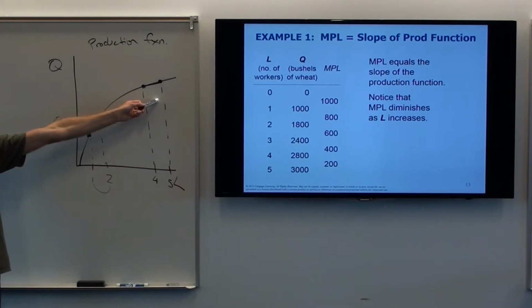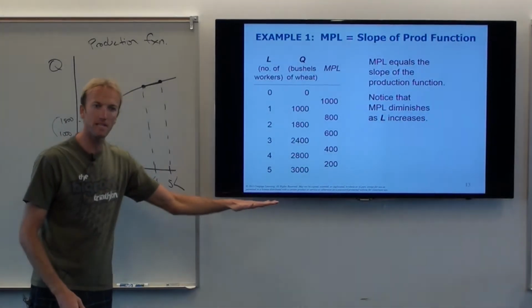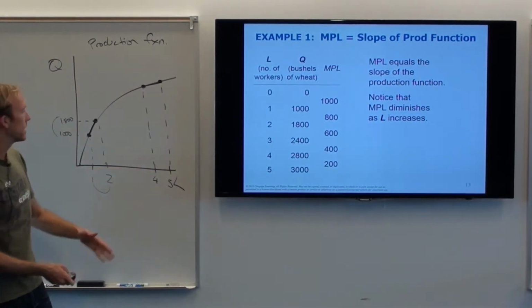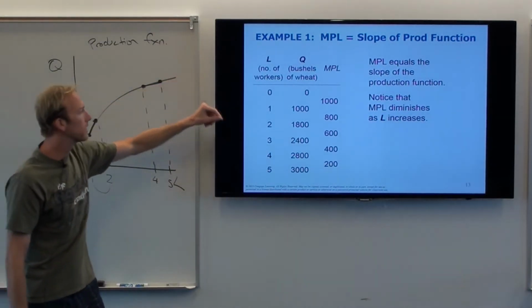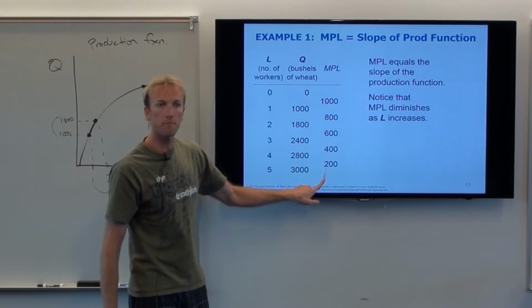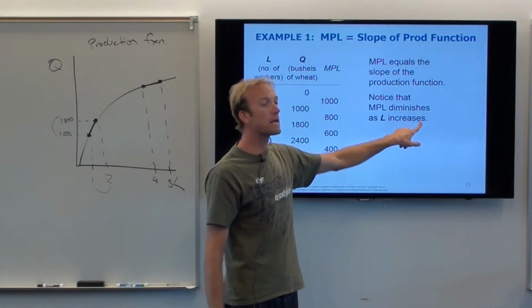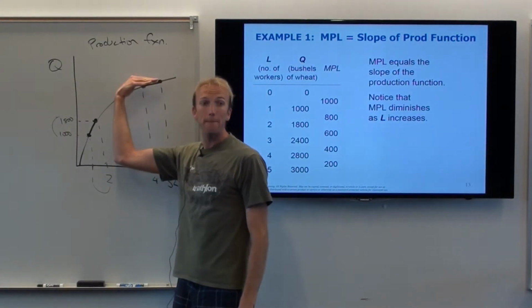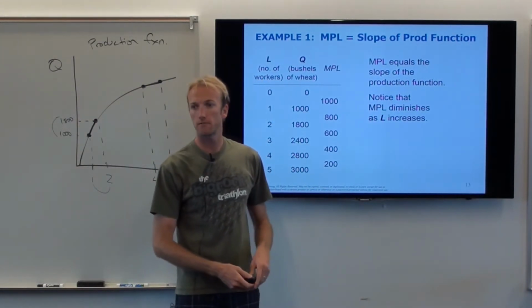This is smaller, right? Don't forget, as the curve gets closer to flat, that's 0 slope. The number's big here, the number's small here. So as the amount of labor increases, the slope, the MPL, the marginal product of labor, decreases.